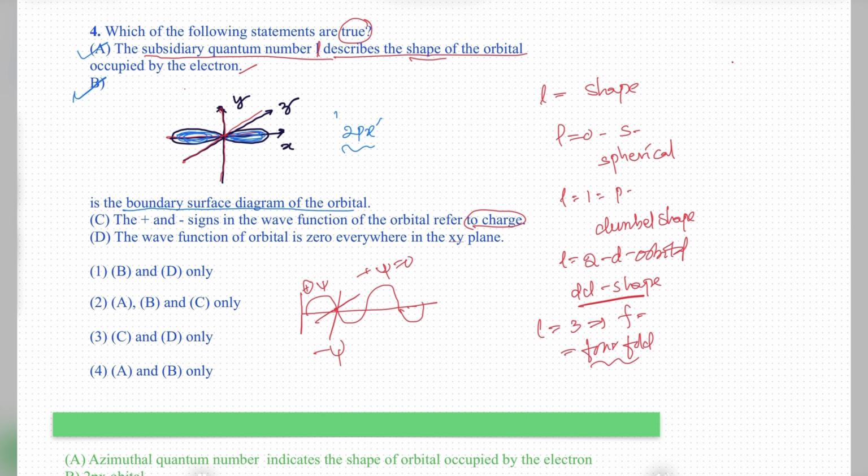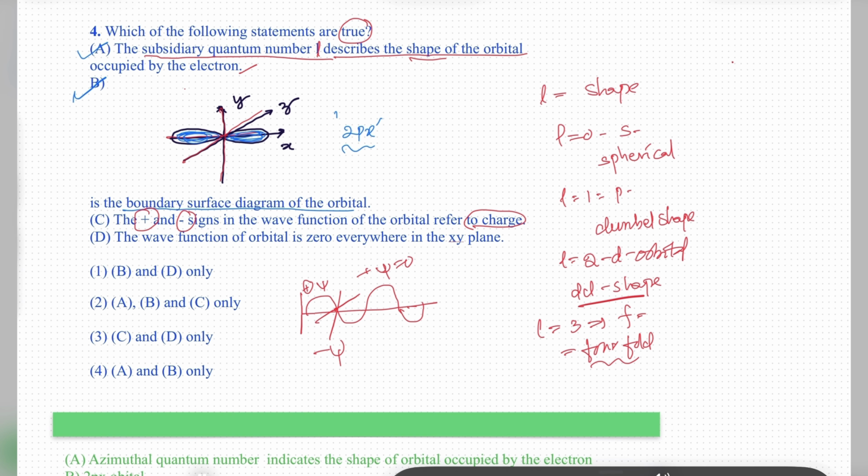This is the wave function. Based on this, there is no charge here. This indicates the amplitude of psi, that is positive, negative, 0. So in the question, the signs indicate charge. That is not at all correct. So that statement is wrong.